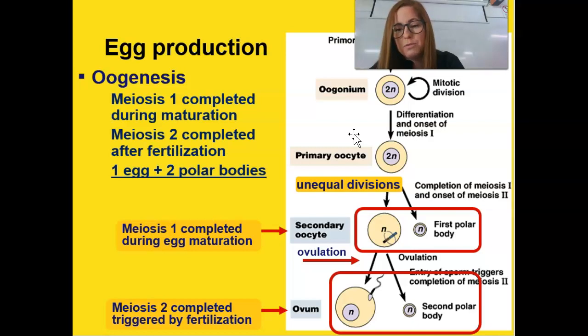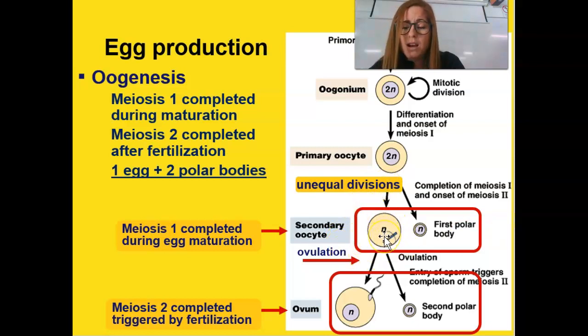Once you reach puberty, these cells will go through meiosis 1, one at a time, and meiosis 1 will be completed during maturation. When they do that, there's an unequal division of cytoplasm at the end of meiosis 1. And so you end up with one secondary oocyte, which has lots and lots of cytoplasm. The other one doesn't, and it will eventually disintegrate and get broken apart. It's called a polar body, so this is not going to be able to be fertilized.